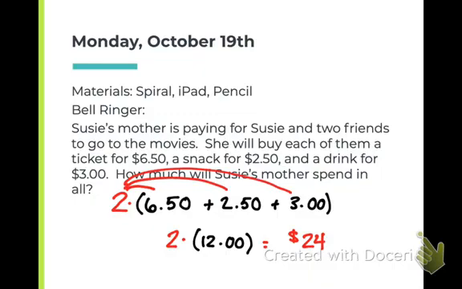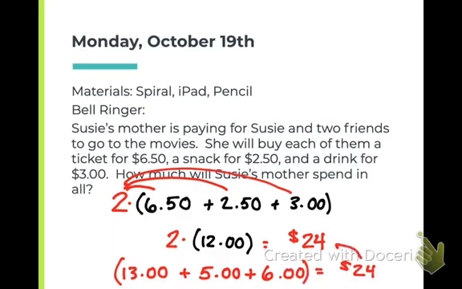So in this case, 2 times $6.50 is $13. 2 times $2.50 is $5. And 2 times $3 is $6. And when we add those 3 numbers together, we still get $24, the same answer we got before. But instead of multiplying at the end, we've multiplied times each piece along the way.